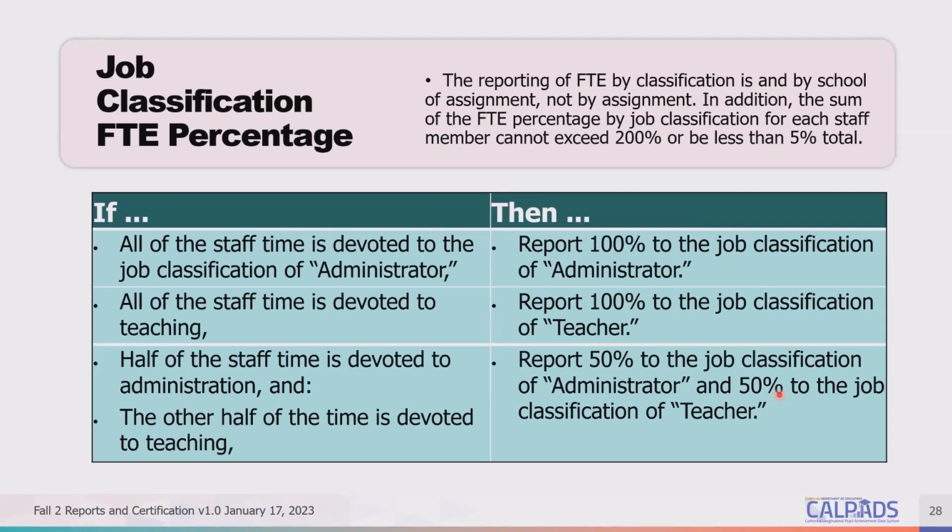When you submit a staff assignment record for the same job classification at the same school, you only submit one record reflecting the 150% FTE. You don't split those two because CalPADS will prevent you from submitting two similar job assignments or staff assignments for a teacher.